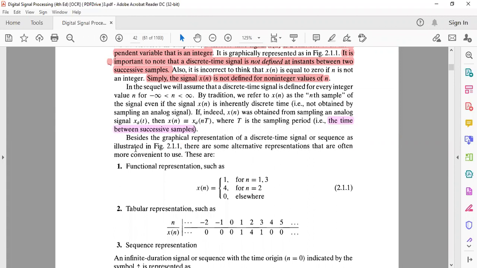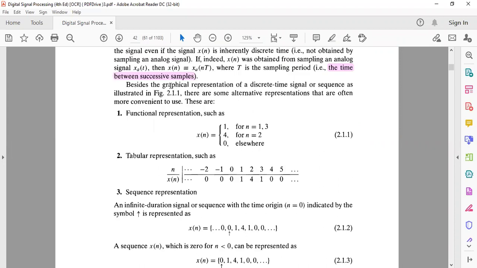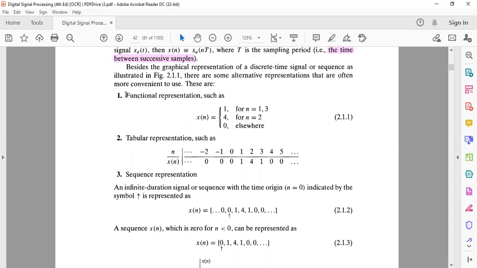Okay, so there are many ways we can represent a discrete signal. Besides graphical representation of a discrete time signal or sequence, there are several alternative representations that are often more convenient to use. One, we can represent it as a function representation. You say xn is equal to 1 when n is 1 and 3, and is equal to 4 when n is 2.